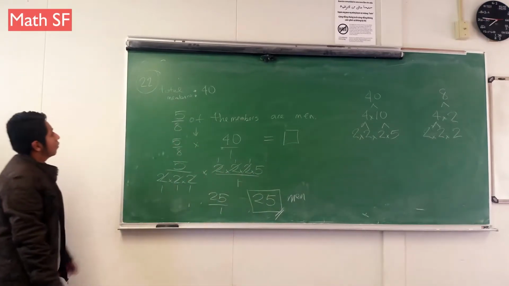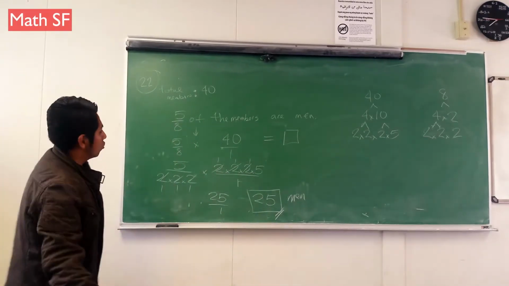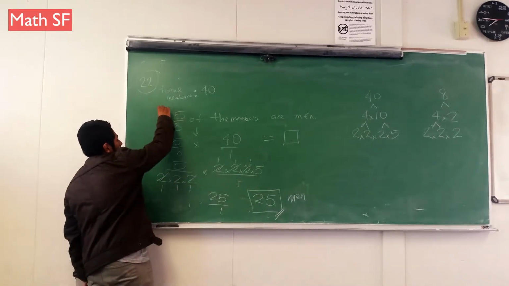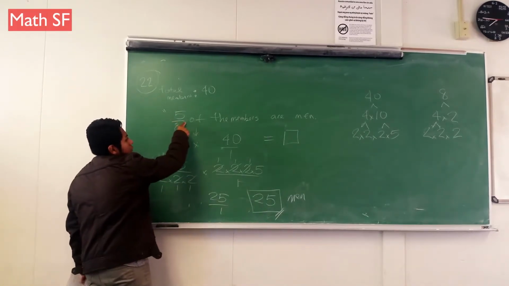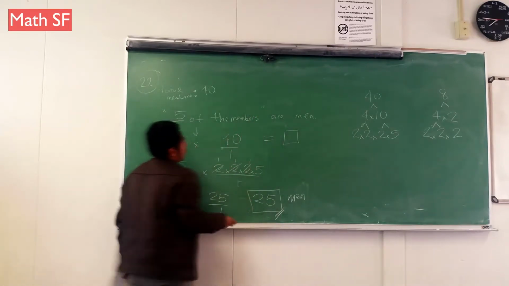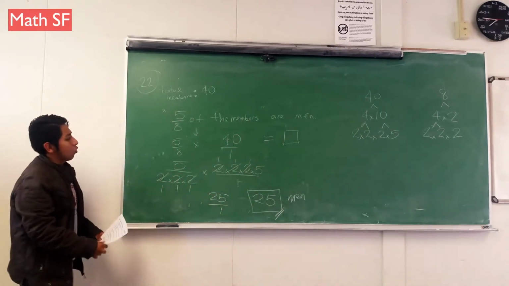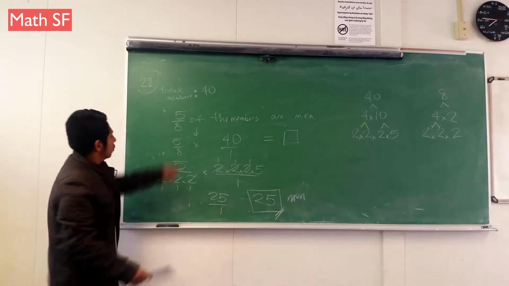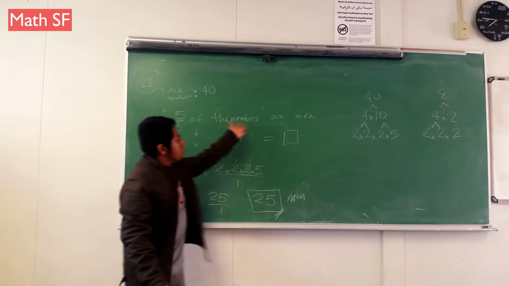Alright, so this turned out to be a translation problem, and whenever you have a translation problem, you usually see a number or a fraction of something. So what fraction of this are men? Or 5/8 of the members are men.